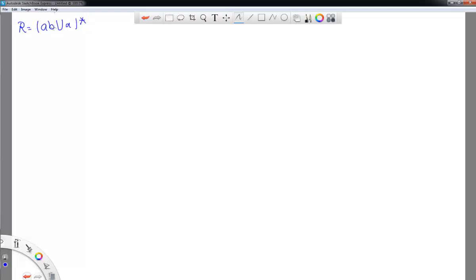Okay. So notice that this regular expression is made of letters, of course, in the alphabet, and each of these are combined with a concatenation here, a union here, and a star operation.